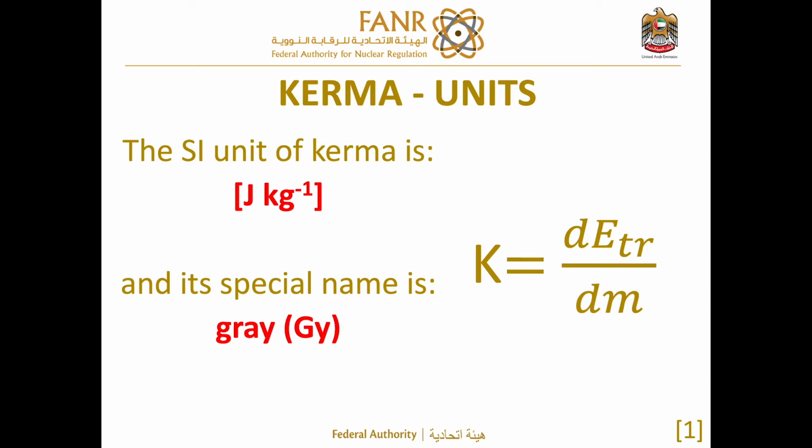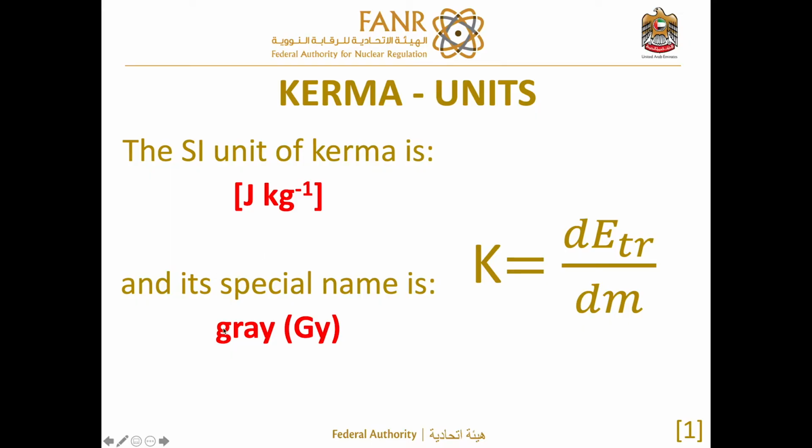Harold Gray was a British scientist who, in the first half of the 20th century, was one of the prominent scientists in studying interaction of radiation with biological matter. So Gray is written again like this, and its symbol is capital G, Y. Now the confusing thing, as you will see, is that the unit Gray is used for several quantities.